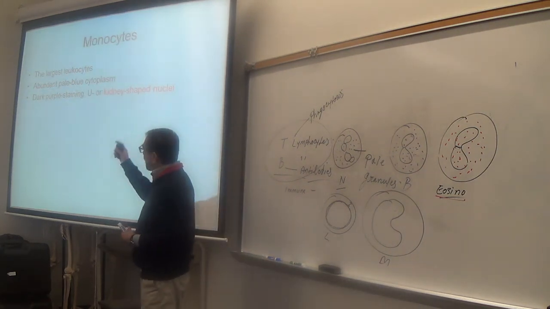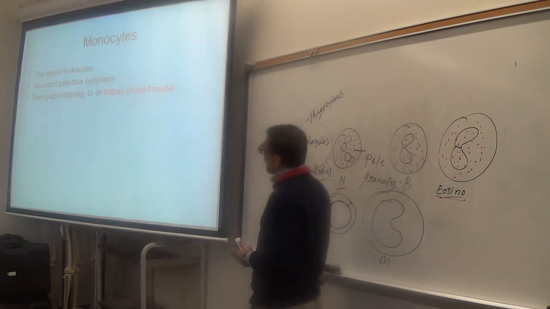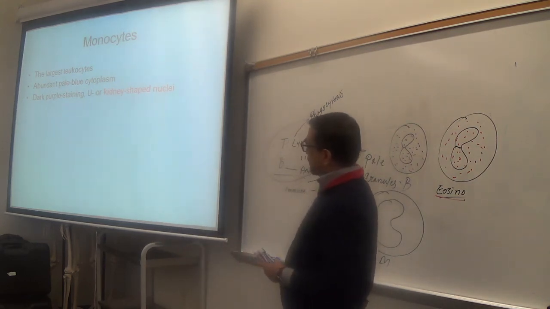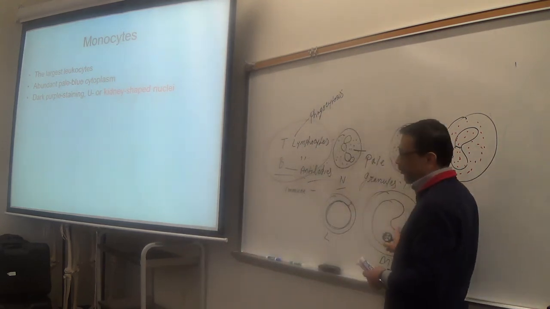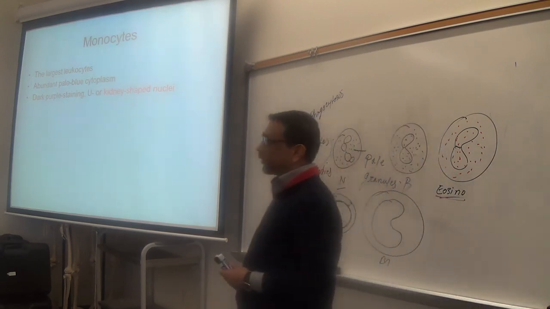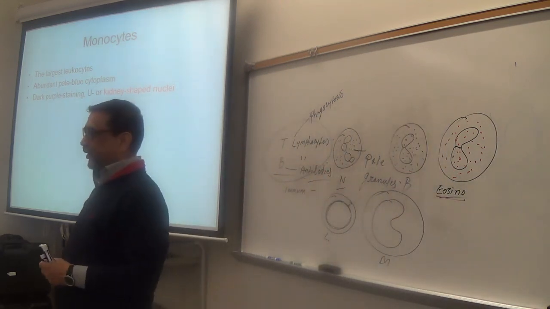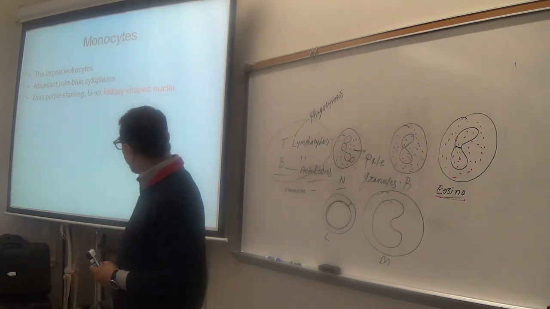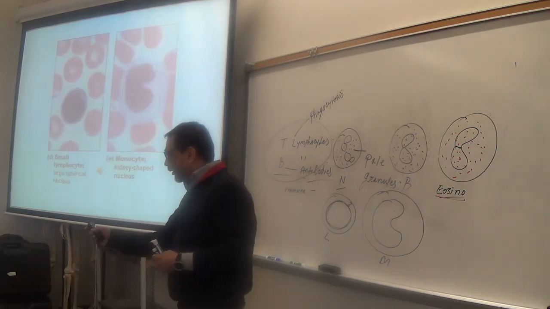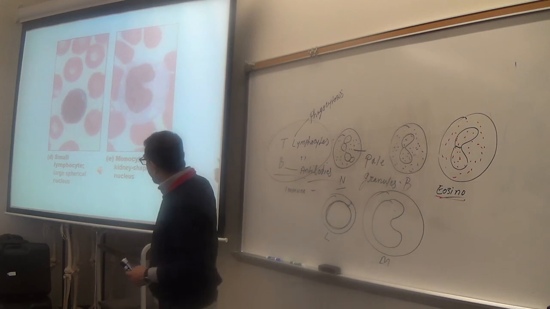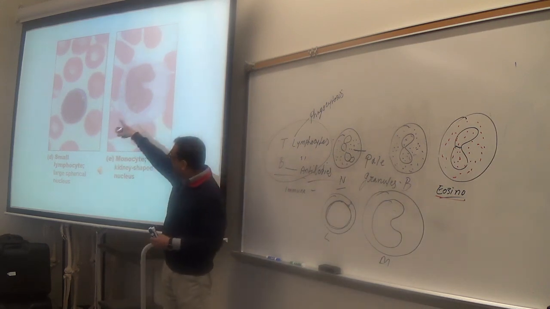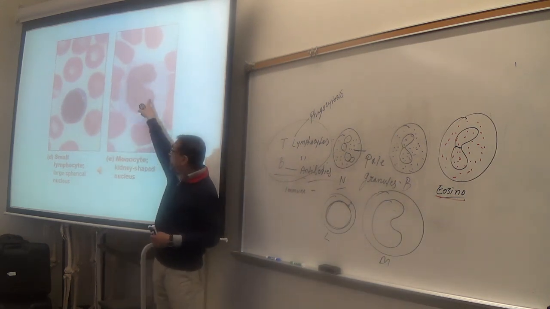Monocytes. Kidney-shaped nuclei, and the largest in size, I have already mentioned those two, so just know they do, of course, phagocytosis. All white blood cells do phagocytosis. Another important thing about monocyte, you see, much bigger than other cells, and kidney-shaped nucleus.